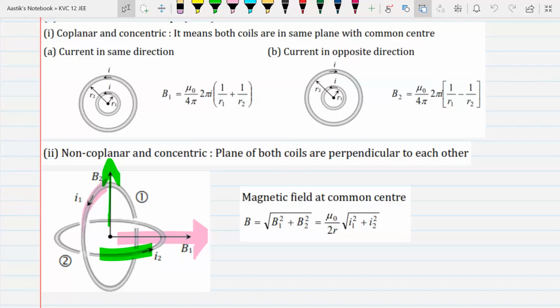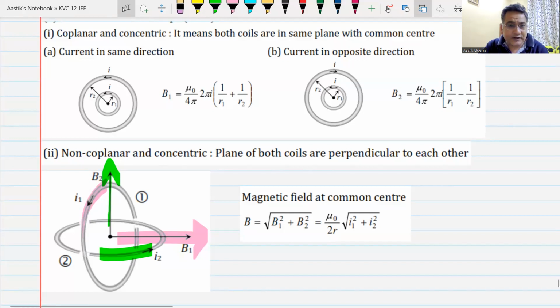So, we have seen this. Now, some cases where you will have zero magnetic field, and I'll just give those cases and then probably try to make you understand why this is zero.